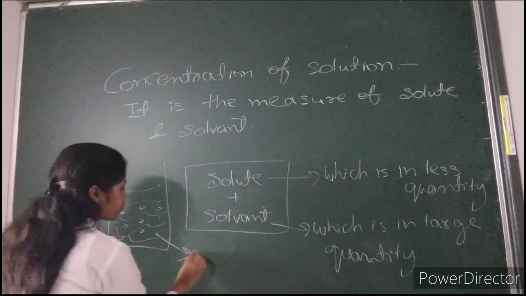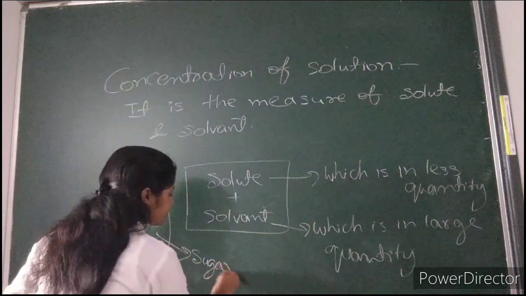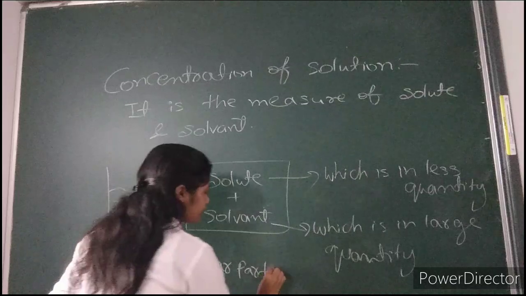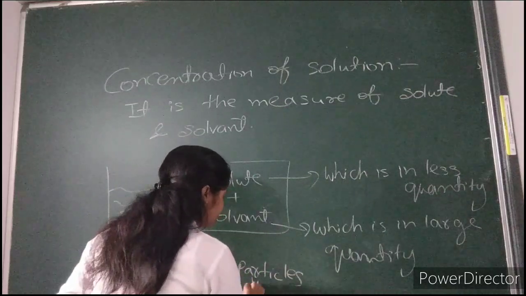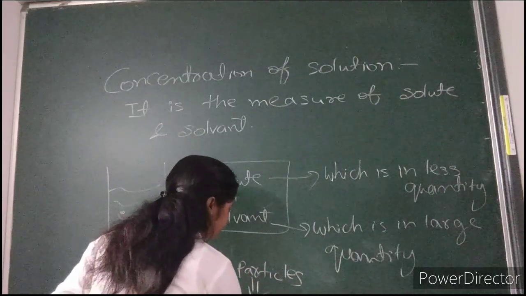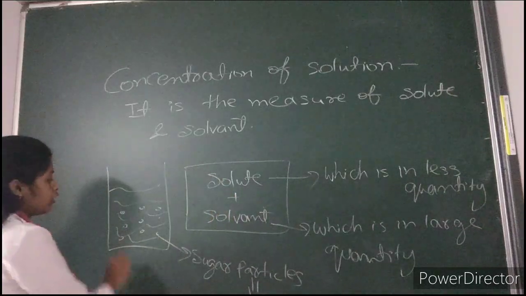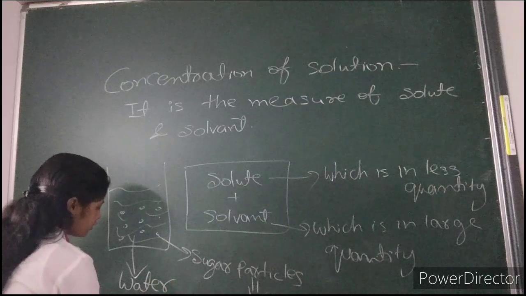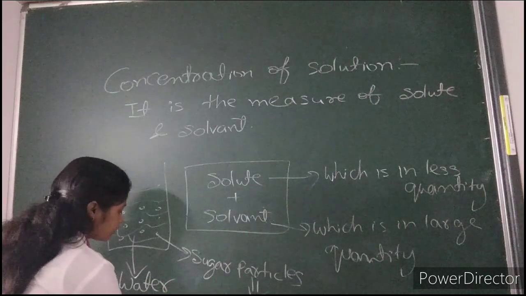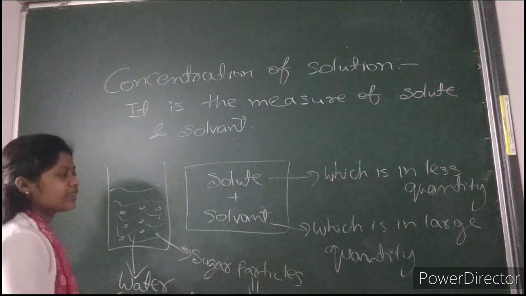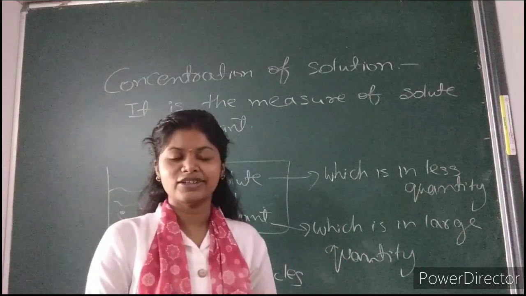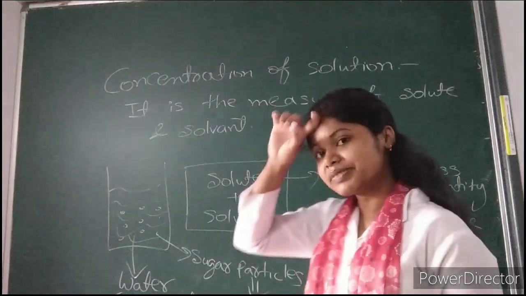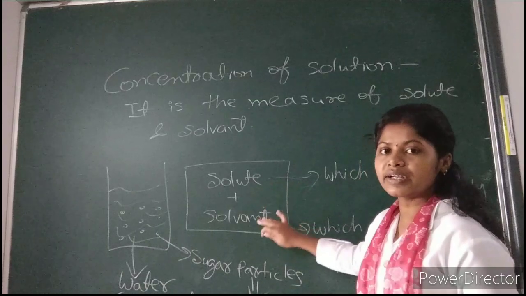So, these sugar particles are my solute and the water here is the solvent. Why? Because it is in the larger quantity. Here we are seeing the solution with the solute and solvent.